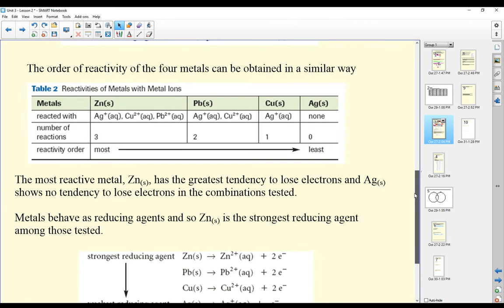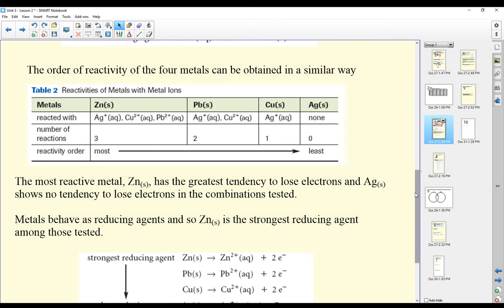All right, so we're looking at our zinc solid, our lead solid, our Cu solid, and our Ag solid. Whereas Ag plus the ion was our SOA, it's now our weakest reducing agent. All right. Zinc solid, it will react with everything.